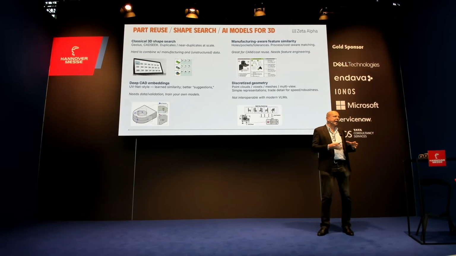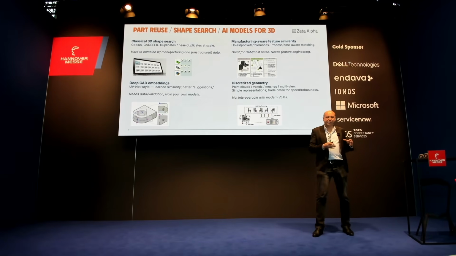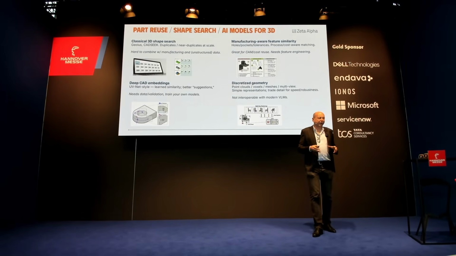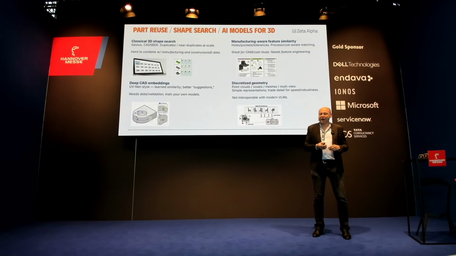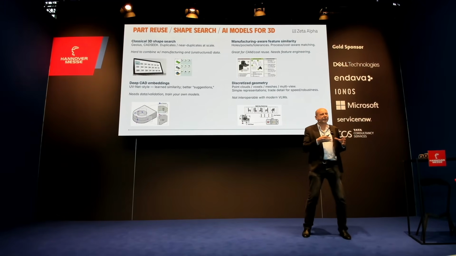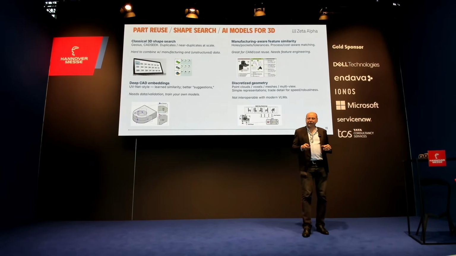There's a couple of other AI approaches, for example, deep CAD embeddings, a paper by AutoCAD people, or manufacturing-aware feature similarity, which have very CAD-specific modeling and train from scratch more complicated AI architectures to understand these models.